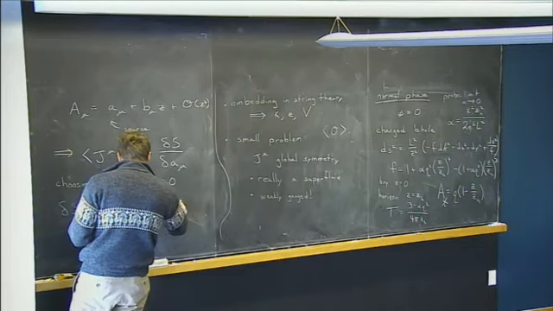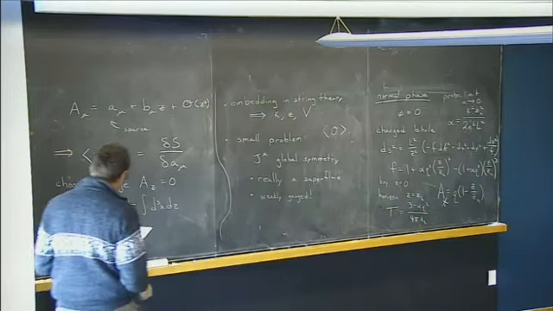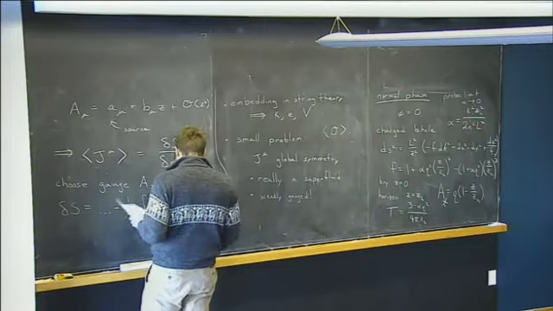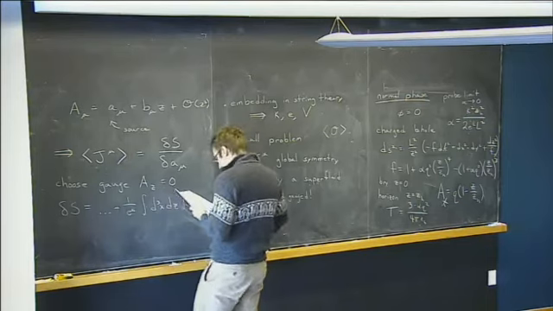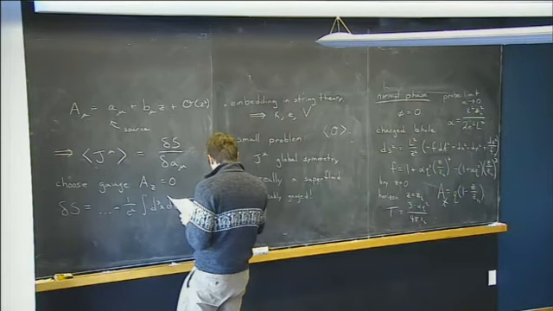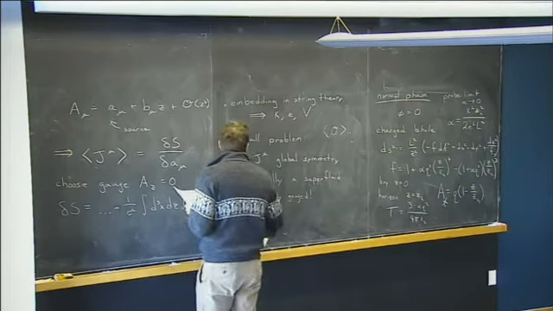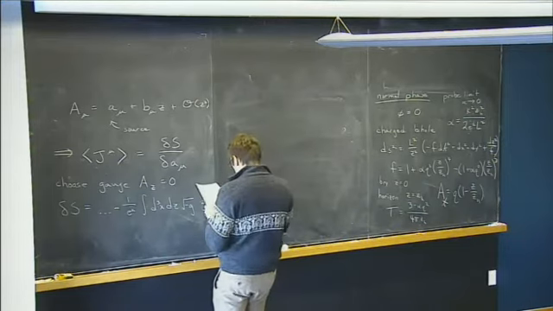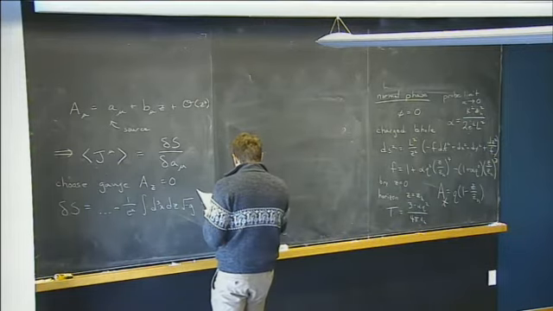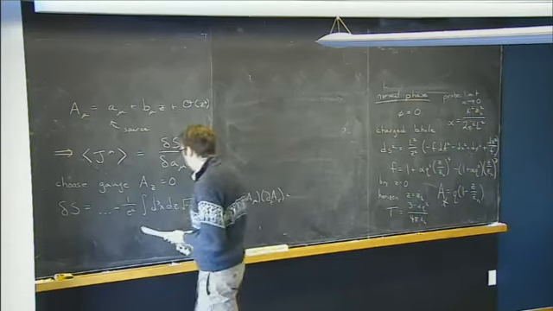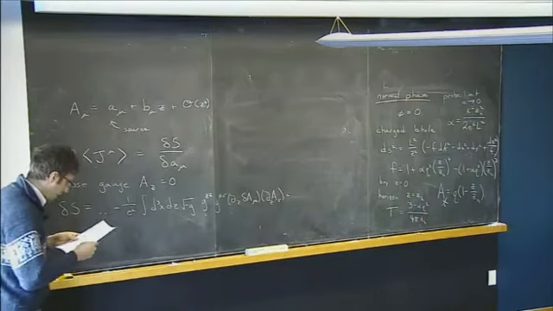So I have d^3x dz, dividing up the measure into spatial and radial pieces, g^zz g^mu nu, dz delta A_mu dz A_nu. Maybe there are some other terms here. I'm just focusing on the kinetic term.